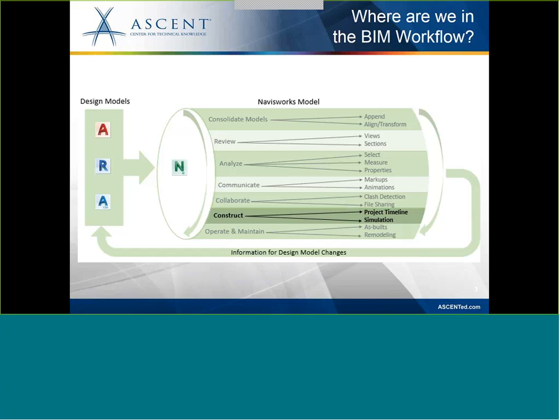And if it doesn't work, the next thing we do is talk about marking up the model, doing some red lines so that you can send those red lines back to the original model designer or builder. Maybe it's your Revit model, and you need to send that back to the architect.